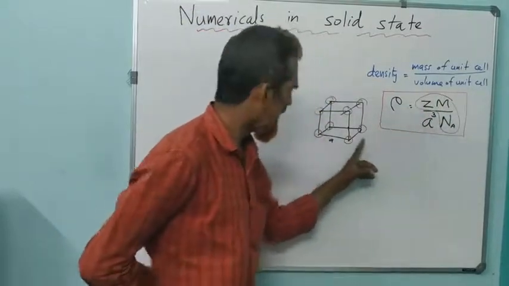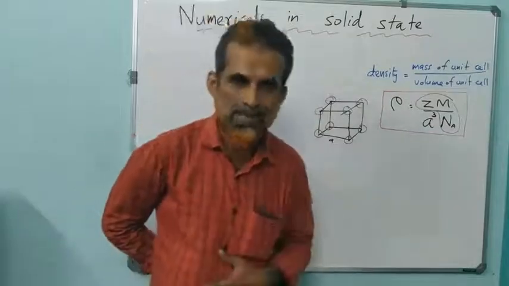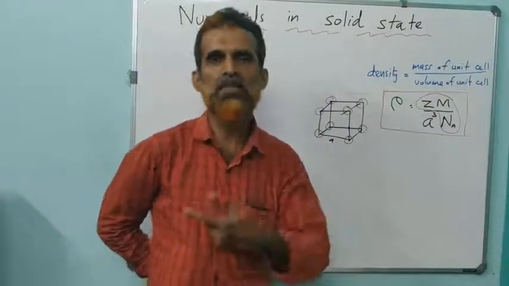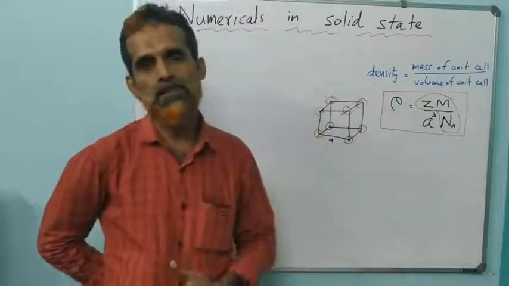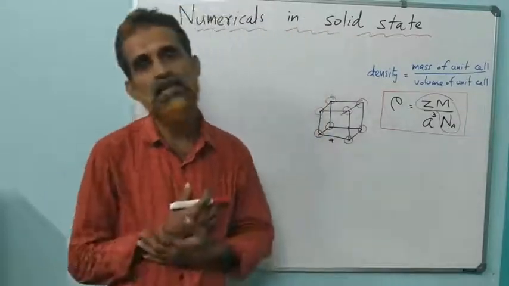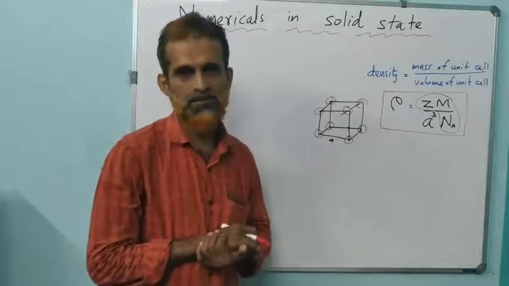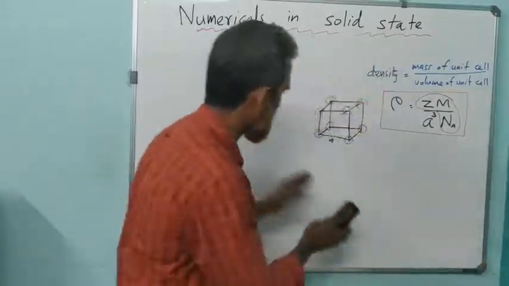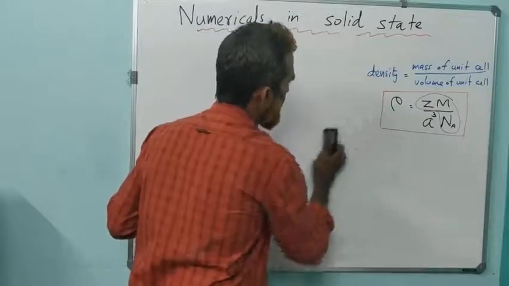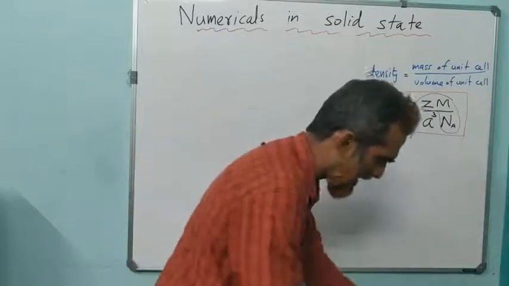A, the edge length, has to be in meter. Maybe it is in nanometer or picometer, you have to change it to meter. And N_A, the Avogadro number, is treated as a constant, the number of particles per mole, so mole inverse is the unit. So keep that in mind. Let us go to some typical numericals here.